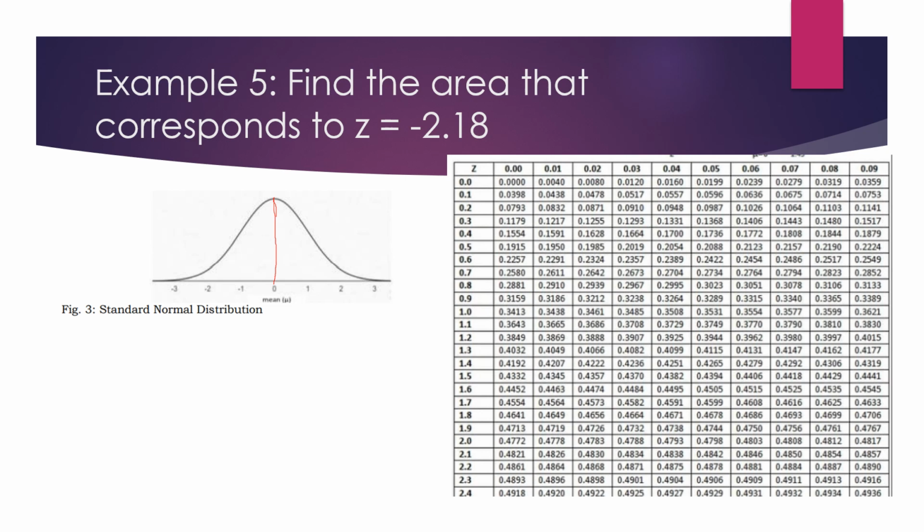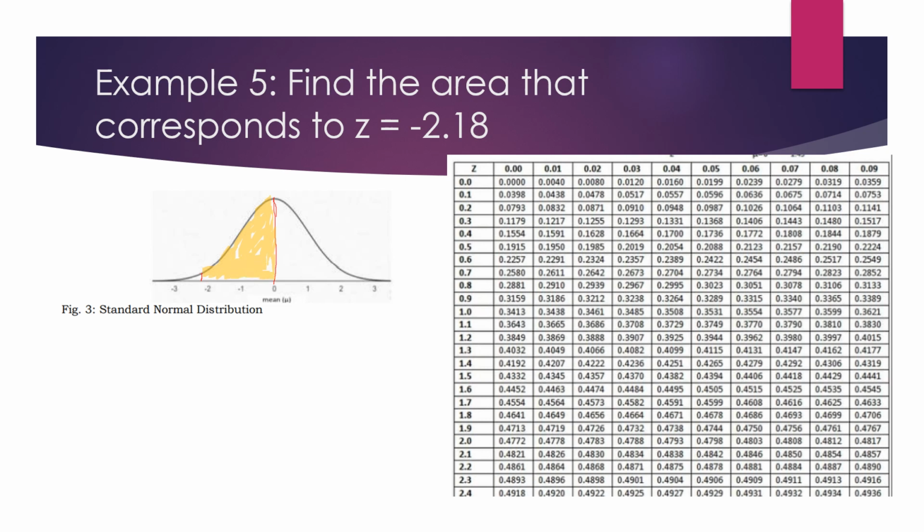This is the mean, and negative 2.18 is less than 2, so it is at the left side of negative 2. Here it is. So this is now the shaded region of z equals negative 2.18.